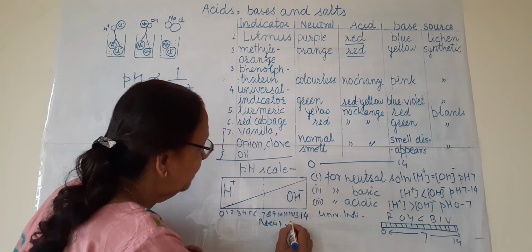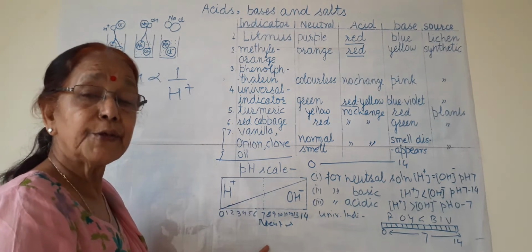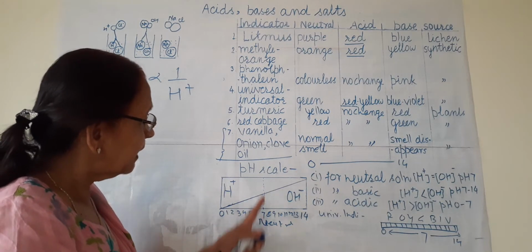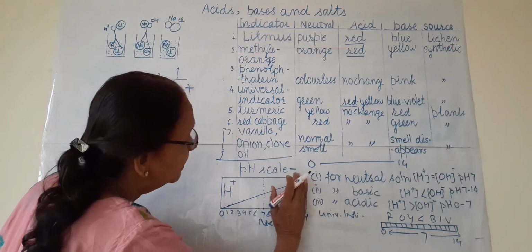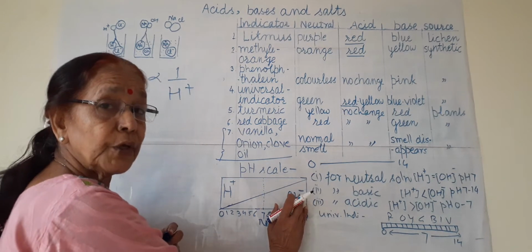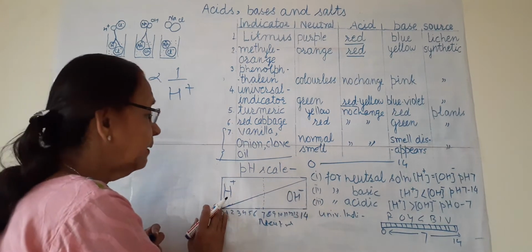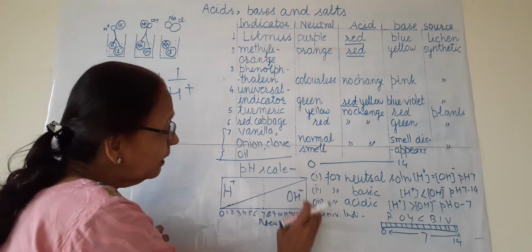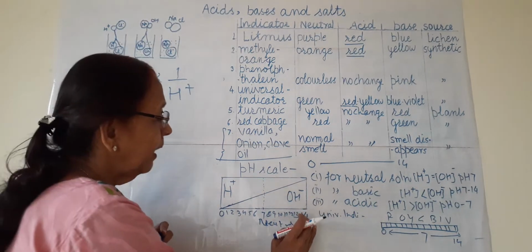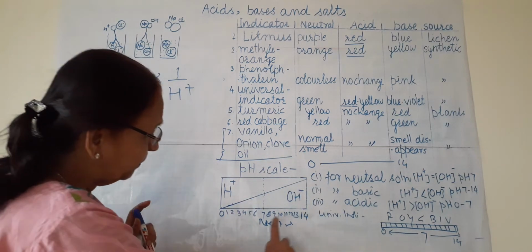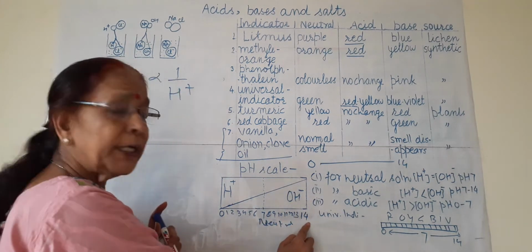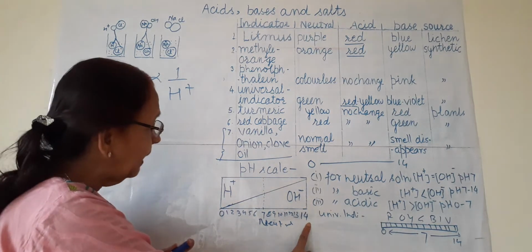In the middle, OH and H both are equal, 7 is neutral. Now the H ion concentration is decreasing and OH is increasing. Here the OH is minimum, and at 14 OH is maximum. So we can say from 7 to 14 they are bases or alkalis.